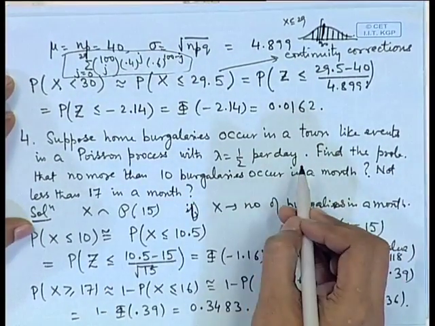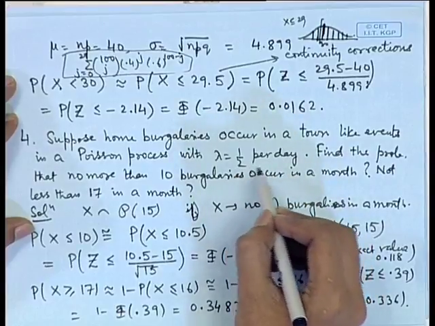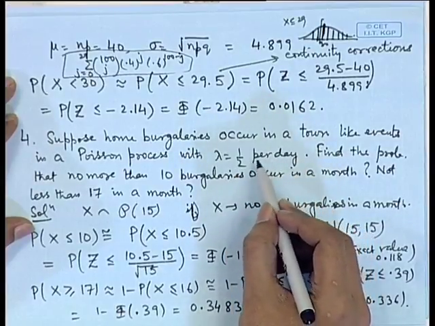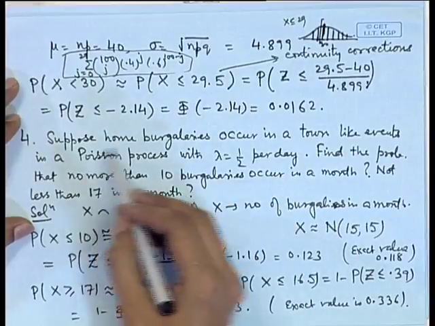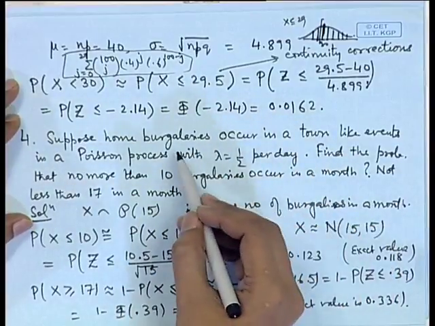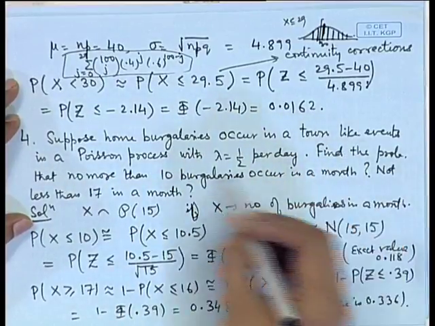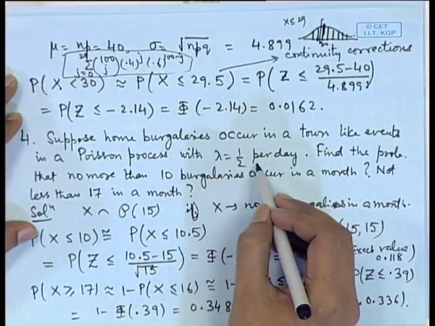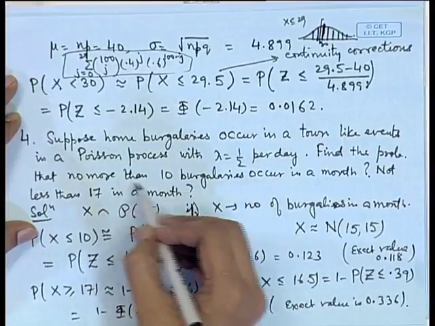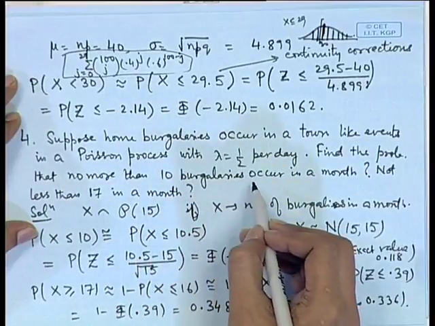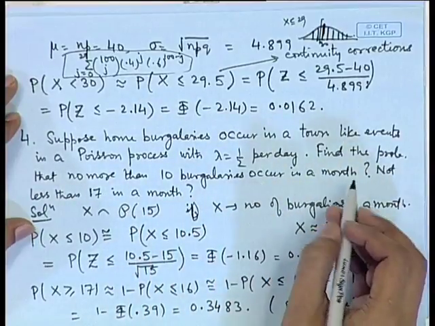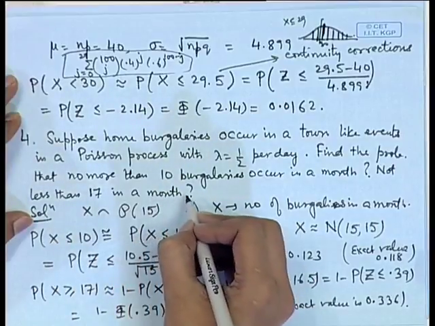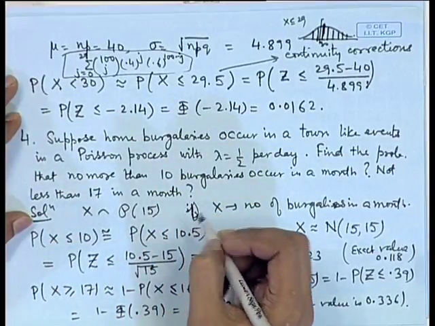Let us look at another example where the Poisson distribution is approximated by the normal distribution. So, consider a large town where home burglaries occur like events in a Poisson process with lambda equal to half per day, that is the rate. Find the probability that no more than 10 burglaries occur in a month, or not less than 17 occur in a month.